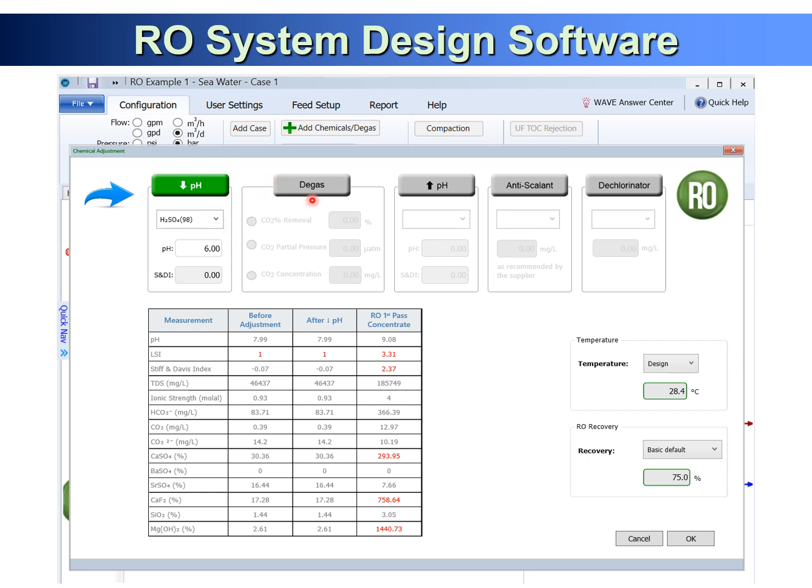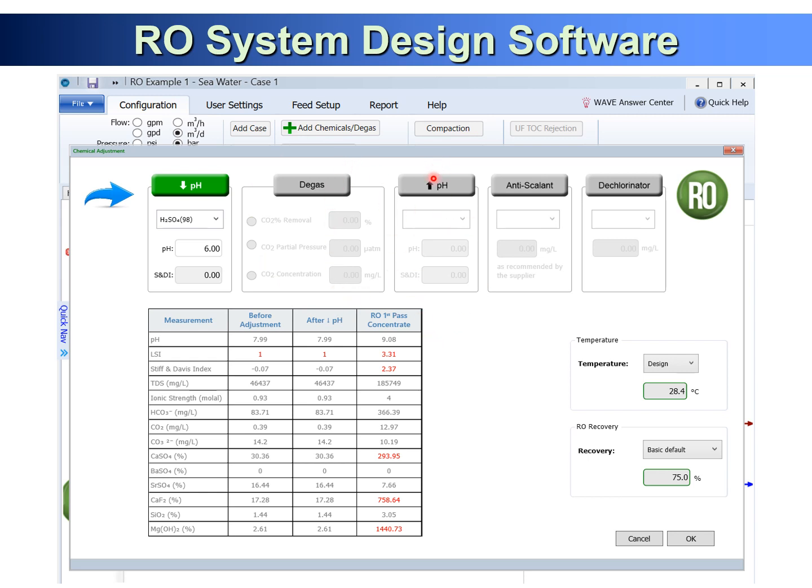Also degassing of CO2: this is not for seawater desalination, but sometimes saline groundwater contains a very high concentration of CO2 and carbonate, so we can utilize the degassing method to remove the CO2 for desalination. So this will give a better desalination process.